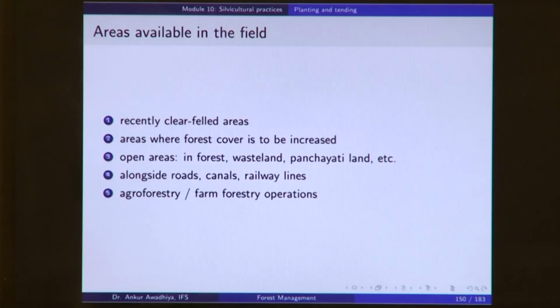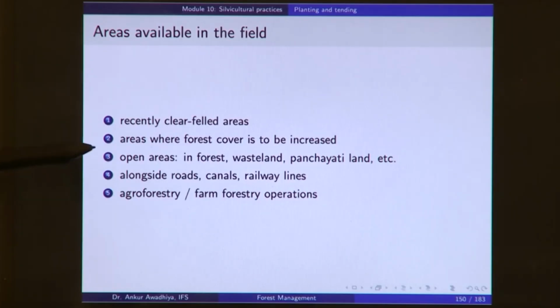Some of the growing space is still available, and we can plant more saplings in that area, so that there is an optimal utilization of the growing space. This is also done in those areas where our objective is to increase timber production or to do more and more carbon sequestration. So, those areas are also areas where planting needs to be done.